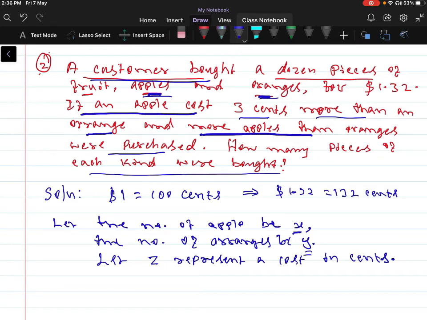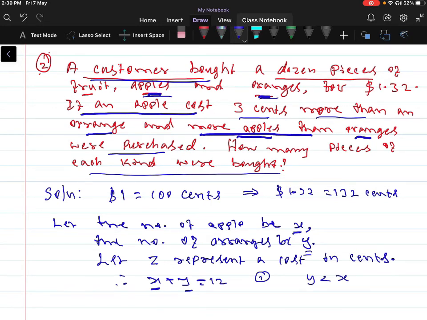So therefore we can write x plus y is equal to 12. So number of apples, that is x, plus number of oranges, y, is equal to the number of fruits, that is 12. So therefore x plus y is equal to 12, call this equation 1. And we can observe that a customer purchased more apples than oranges here. Therefore, we can write the inequality y less than x.